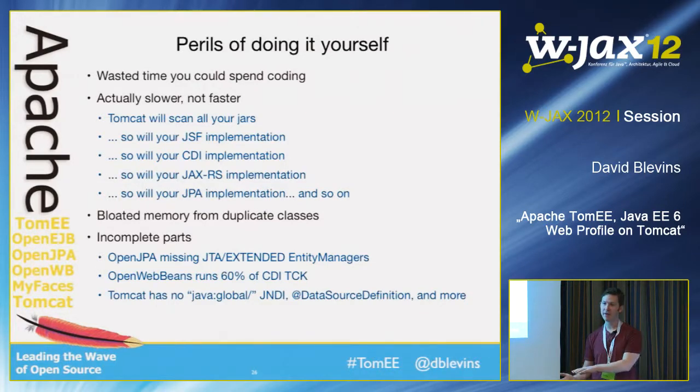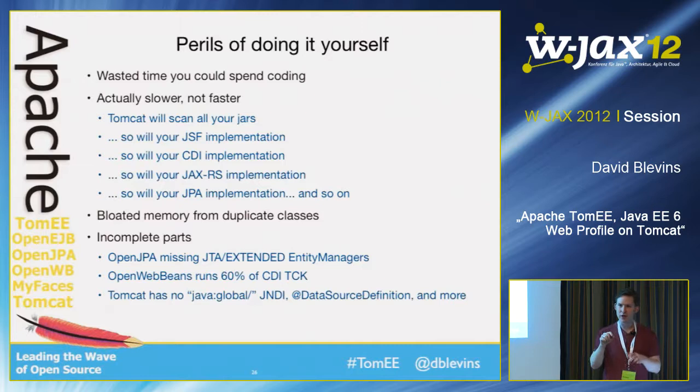Then MyFaces is going to scan the whole web app for JSF managed beans. Now you add OpenJPA in there. OpenJPA is going to scan the entire web app again, and you add OpenWebBeans in there, again the whole web app. Now you start to use web services, and the web service implementation scans the whole web app for web services. No cooperation.